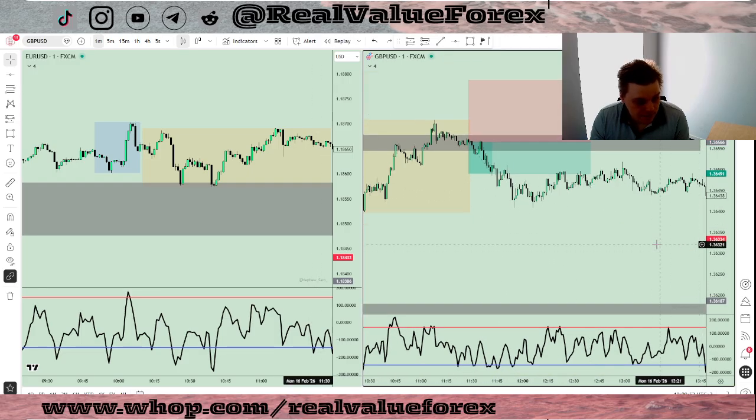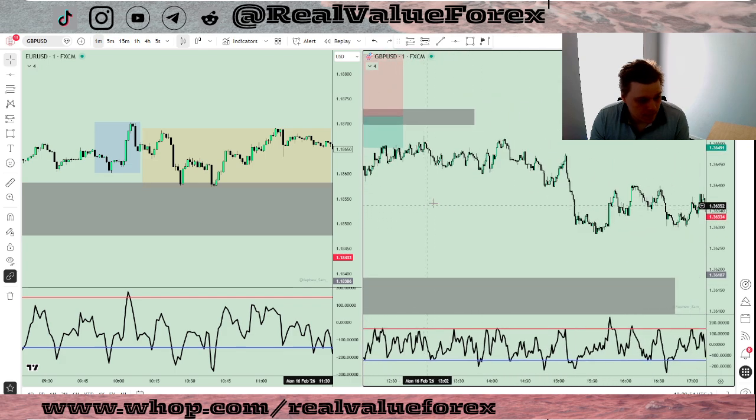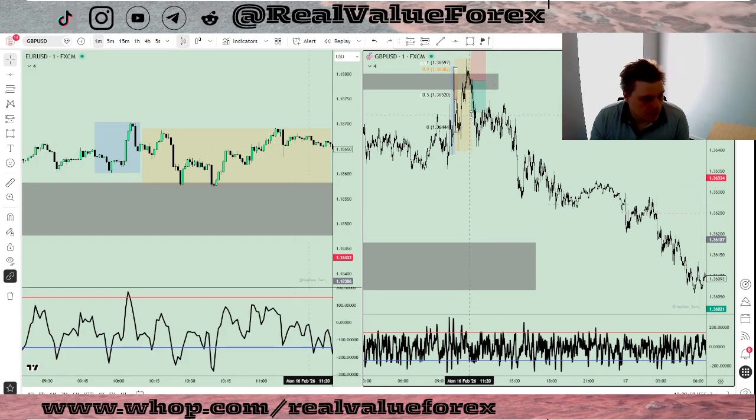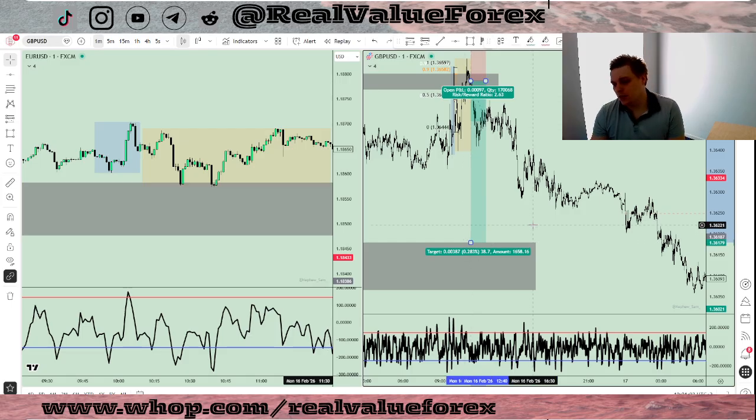In that case, let's see, this was our final target, I guess. Yeah, we would have hit that 40 pips take profit 2. So this is a prime example of what I want to aim for. Those setups, where we enter at the very top or bottom, and we start our move from there, like you see in here.